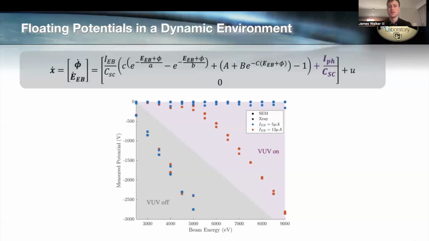Additionally, the target actually won't ever charge negative if the photoelectron current is greater than the beam current. In our state equation on the top, if IPH is greater than the beam current, that value is always going to be positive. Therefore, we can only charge the target positively. We can't decrease its potential.